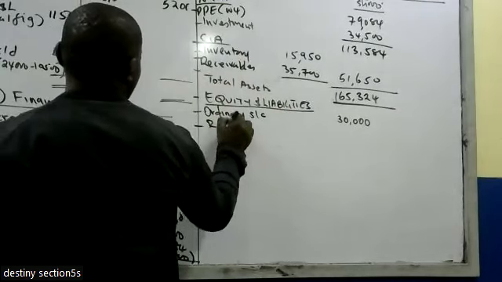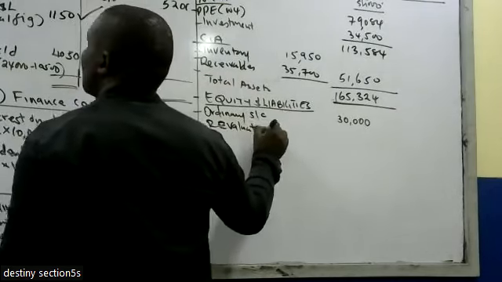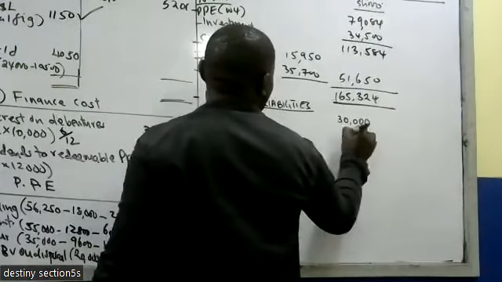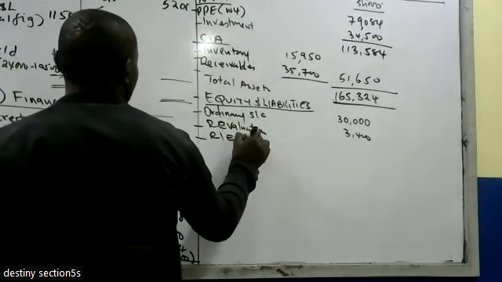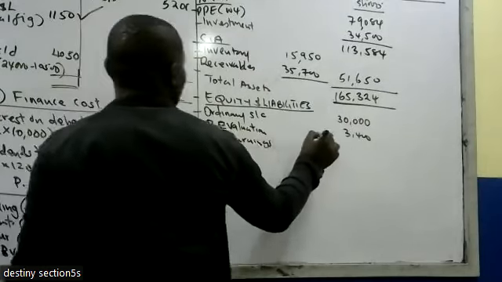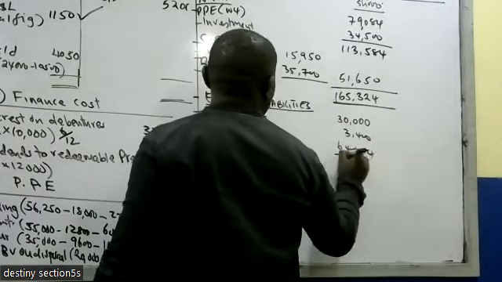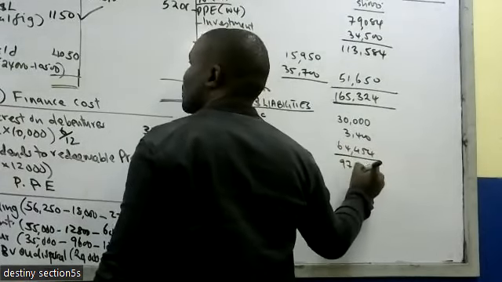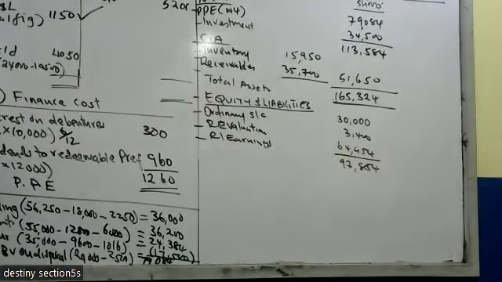Revaluation, 3,400. Retained earnings, 64,454. Total 97,854. Capture that.